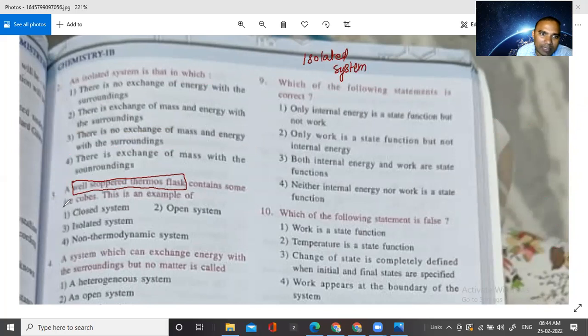It contains some ice cubes. Suppose this is the isolated system. Isolated system is closed. Yes or no? And second, what is there here? You see this one, here the ice cubes are there.